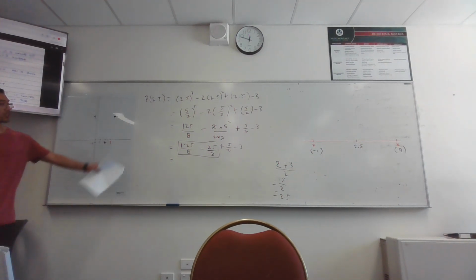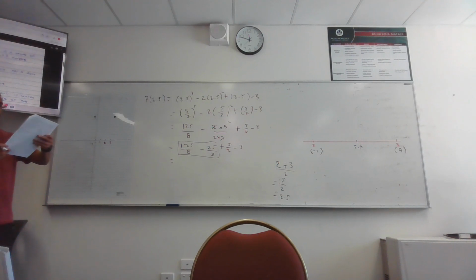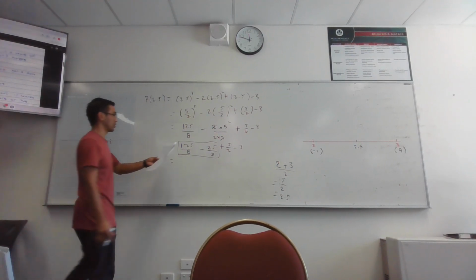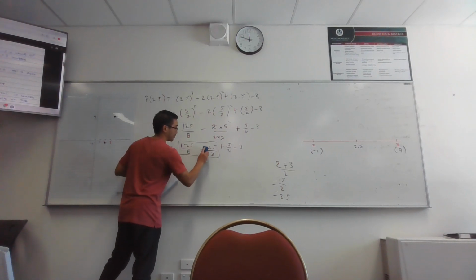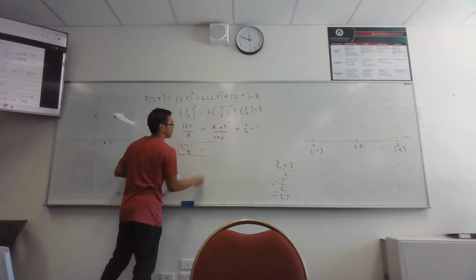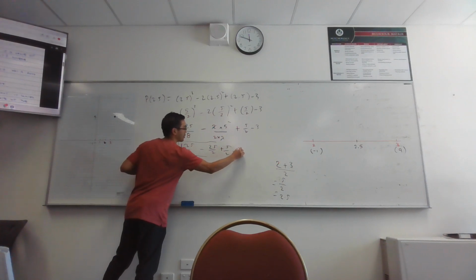With the working out, we can combine them, with a denominator of 8 and a denominator of 2. So 25 on 2, 5 on 2 minus 3.